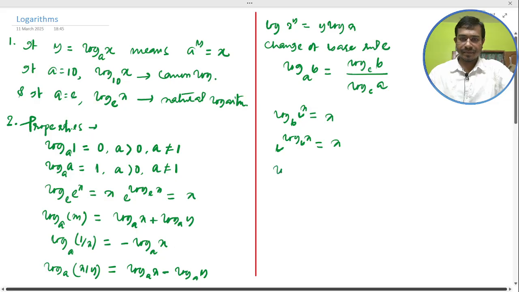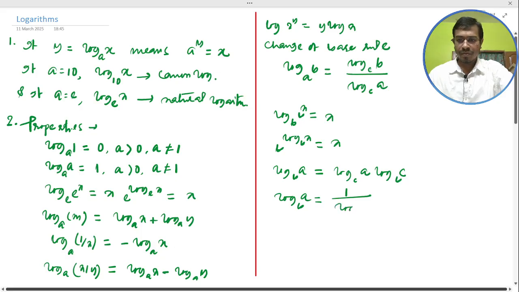Log A base B can be written in the form log A base C into log C base B. Suppose log A base B is written in the form 1 by log B base A. Change of base.